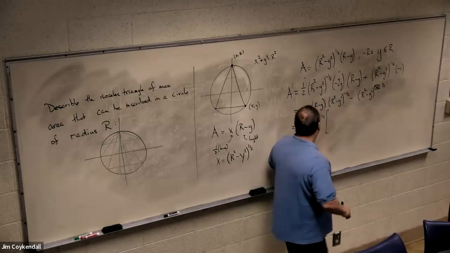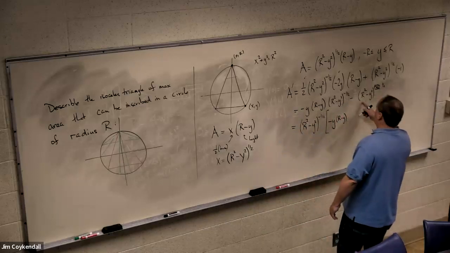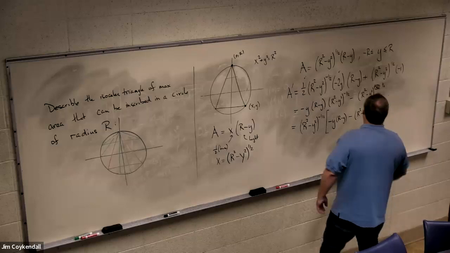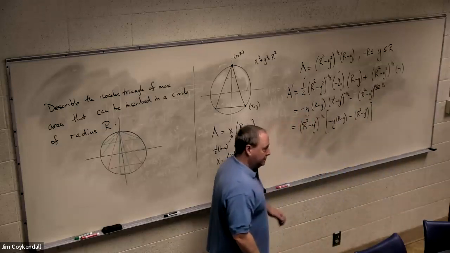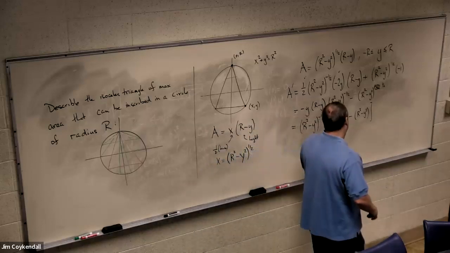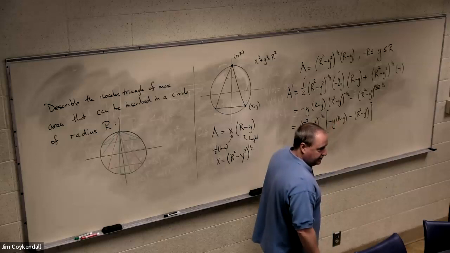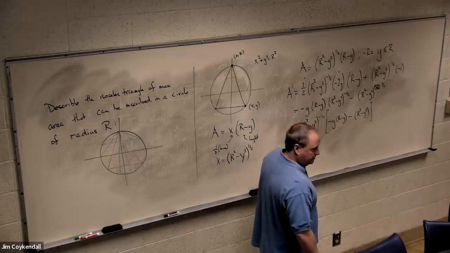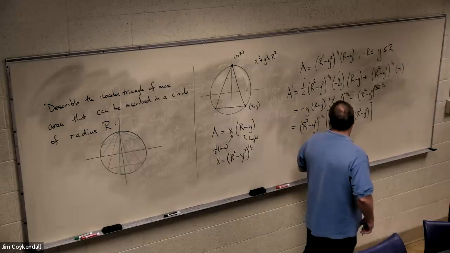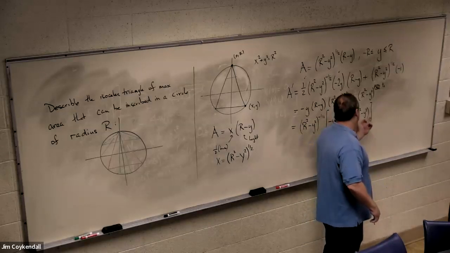So that's gone. That leaves me with minus y, and that's going to leave me with minus (r squared minus y squared) to the 1/2. Checking, if I multiply back, this just puts this back here, and when I multiply these two, this is (r squared minus y squared) to the minus 1/2 times (r squared minus y squared) to the 1/2, which is 1.